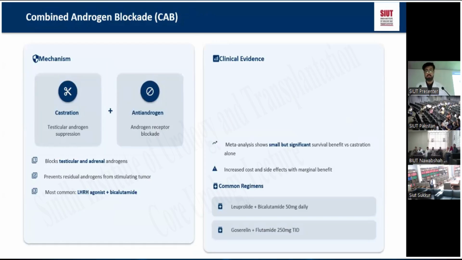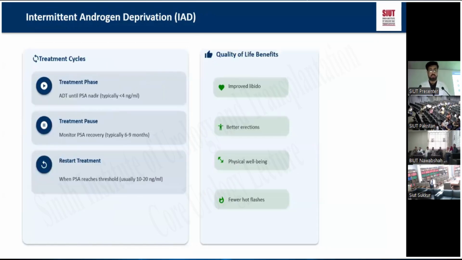Okay. We already discussed combined androgen blockade. There is intermittent androgen deprivation, where androgen deprivation therapy is given until the PSA reaches nadir, that is typically less than 4 nanograms per ml. Then the treatment is restarted typically after 6 to 9 months when PSA rises again. So the quality of life improves with this.